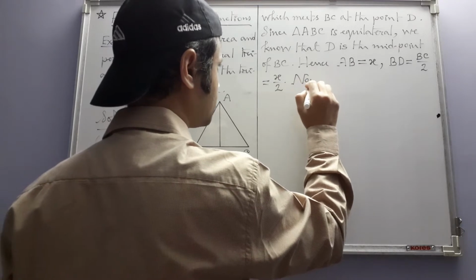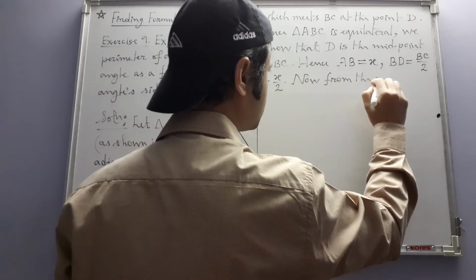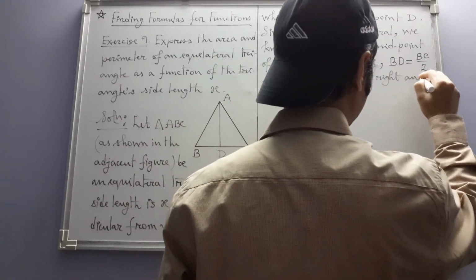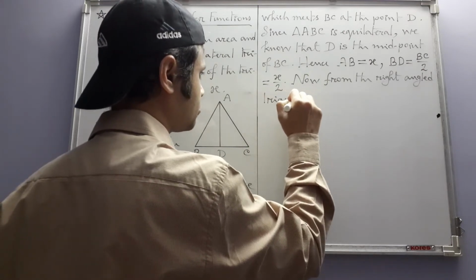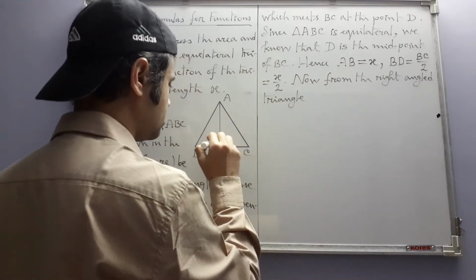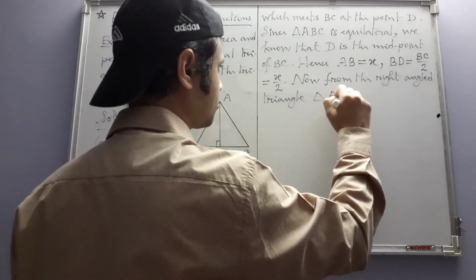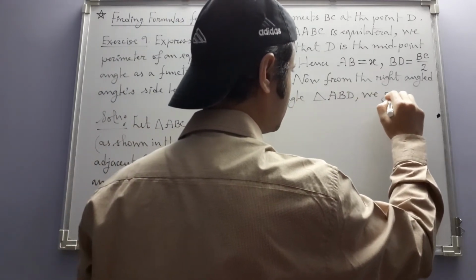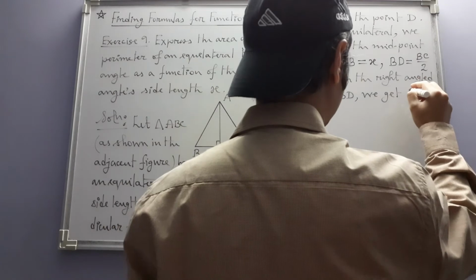Now from the right angled triangle ABD, where of course this is the right angle, we use Pythagoras theorem.